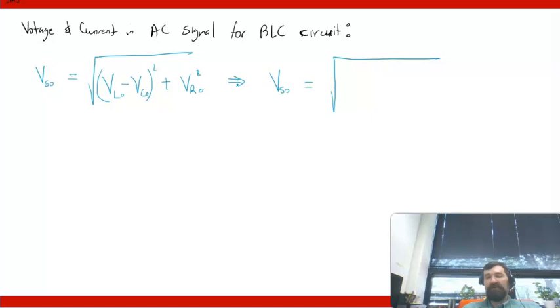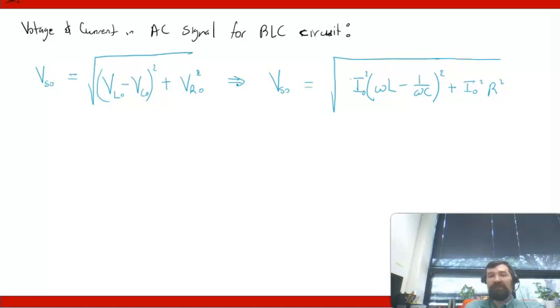So this ends up being essentially the peak current squared, if you will, times the reactance, omega L, for the inductor, minus the reactance, 1 over omega C, for the capacitor, again, plus that peak current times the resistance squared.